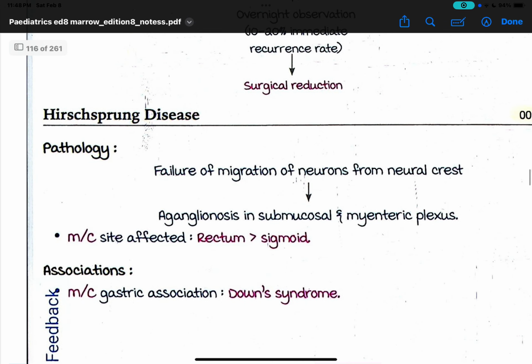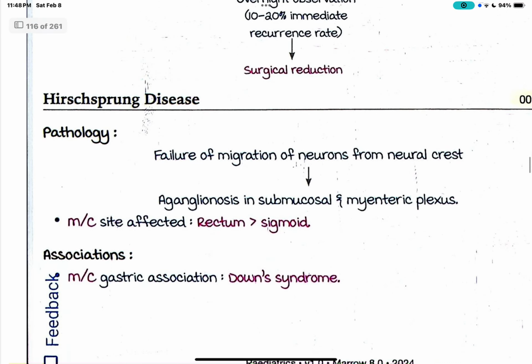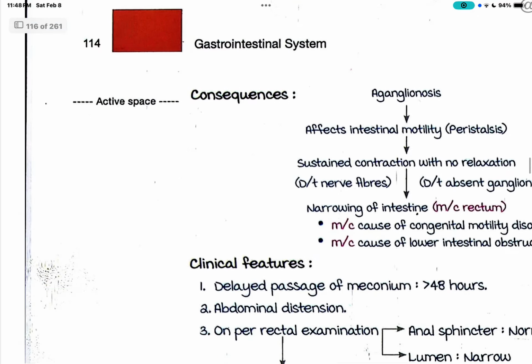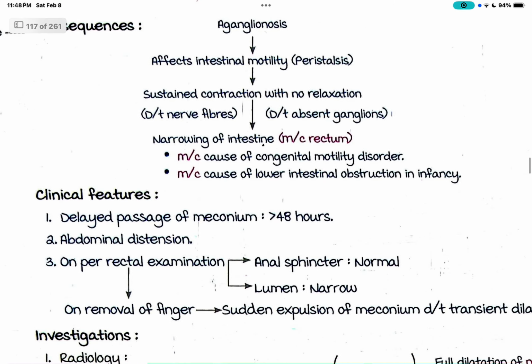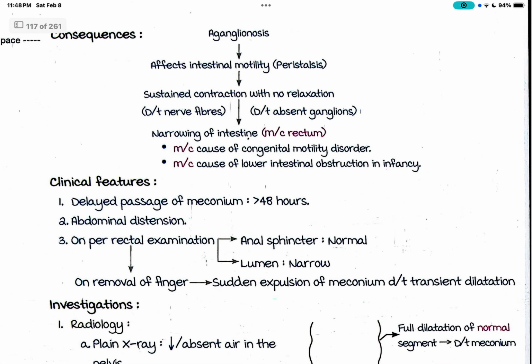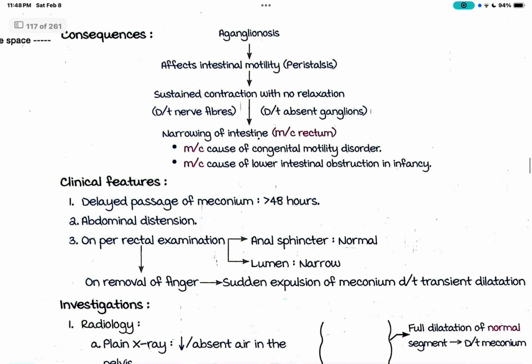Most common association is Down syndrome. Consequences: aganglionosis affects intestinal motility and peristalsis, with sustained contraction and no relaxation due to absent ganglions, causing narrowing of intestine, most commonly in the rectum.